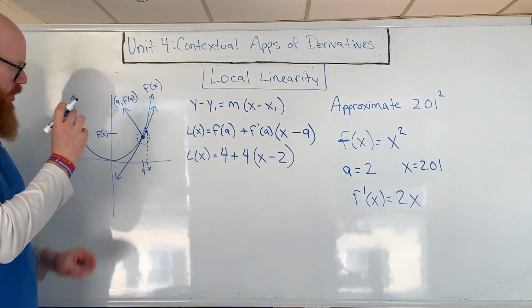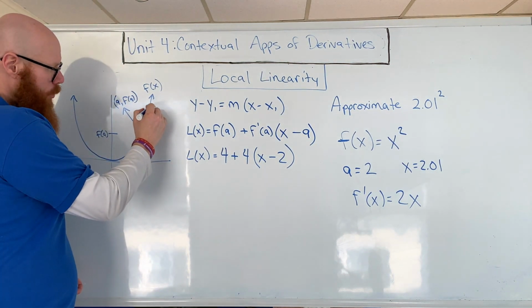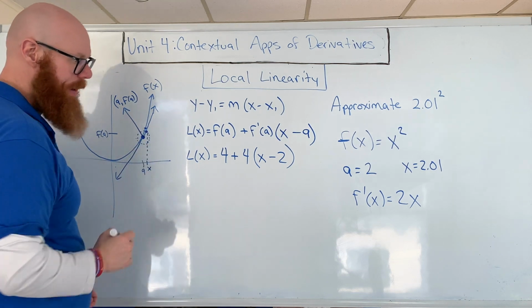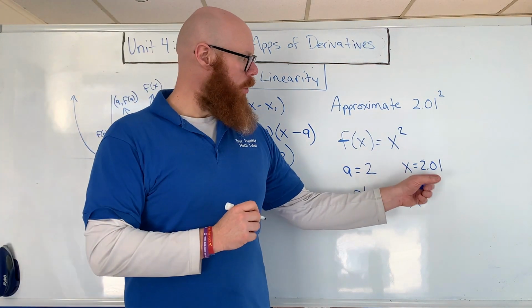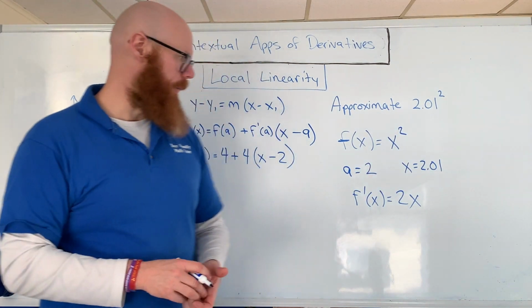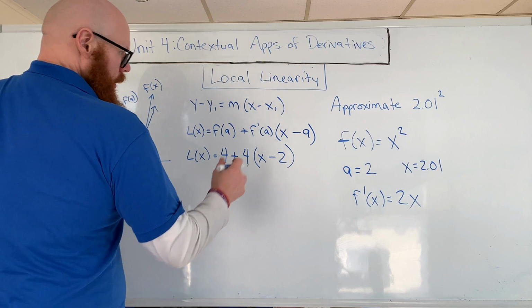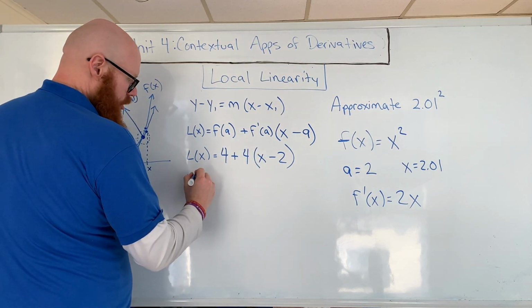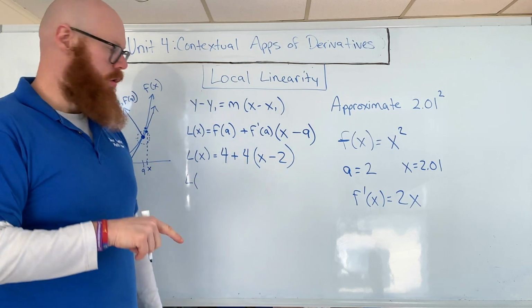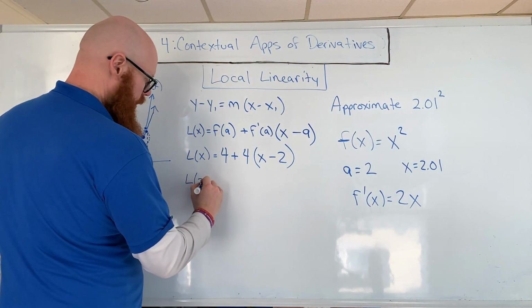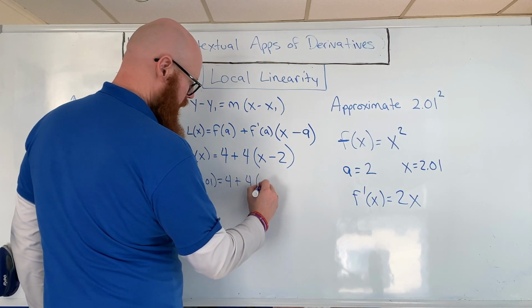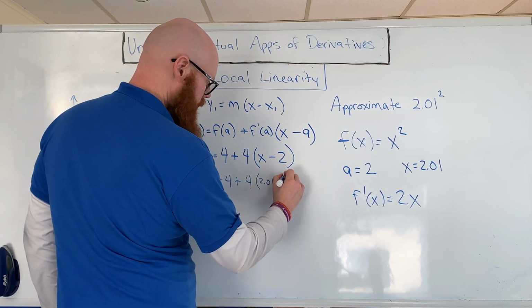The key is that it's close. A value out here would not be close, but a value inside this little neighborhood is close. Well, 2.01 is objectively close to 2, right? So now I'm just going to substitute that in. Using my equation that'll work for any point that's close to 2, I'm going to substitute in 2.01. So I'm going to get 4 plus 4 times 2.01 minus 2.